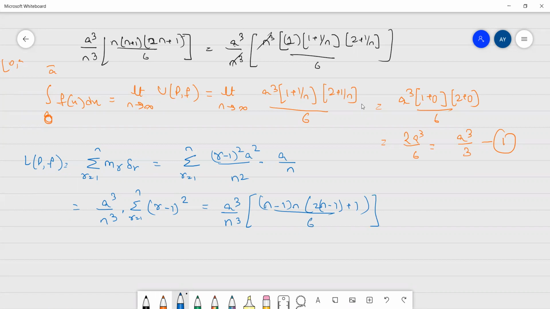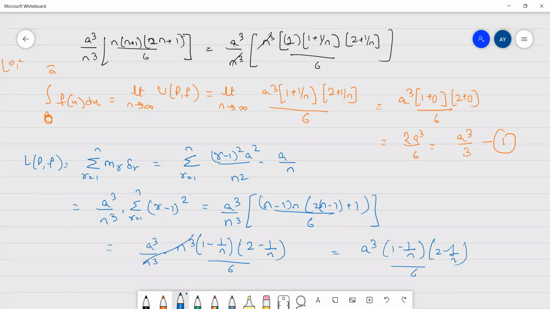So what you'll have is, taking out all the n's common, a cube, n cube into 1 minus 1 by n into 2 minus 1 by n by 6. So these n cubes will be cancelled, and you'll have a cube into 1 minus 1 by n into 2 minus 1 by n by 6.